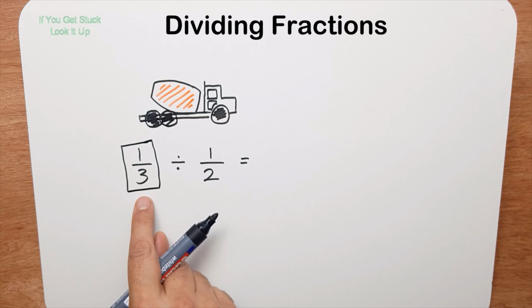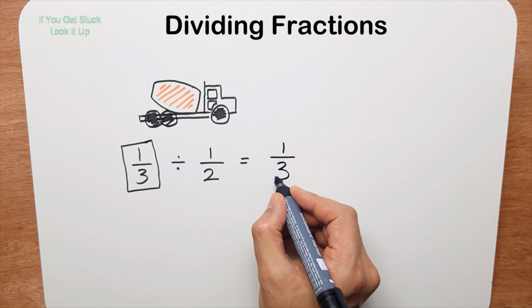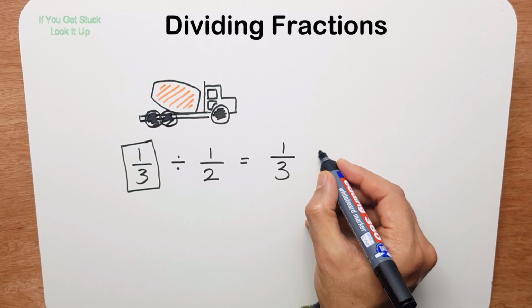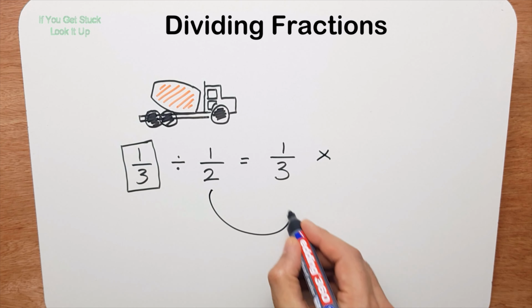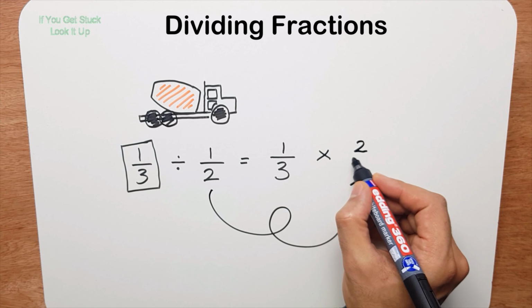So now this is stuck, it cannot move. So what I like to do is write the first fraction as it is. I like to turn the divide into a times, and I like to flip this fraction over. So it becomes 2/1.